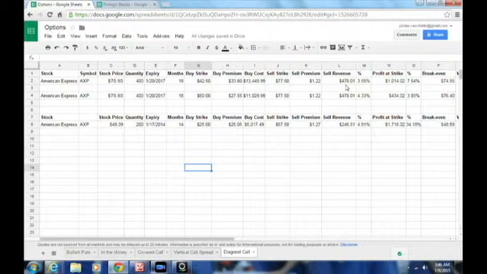Now, if in that first month, American Express rises, goes above the 77.50 strike price, I'm already going to be in a profitable position. So that's key. I don't want to set this up where I'm selling at a strike price too low and the stock skyrockets and I'm actually in a negative position right off the bat the first month.